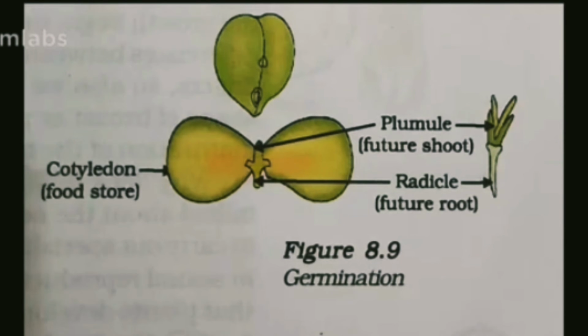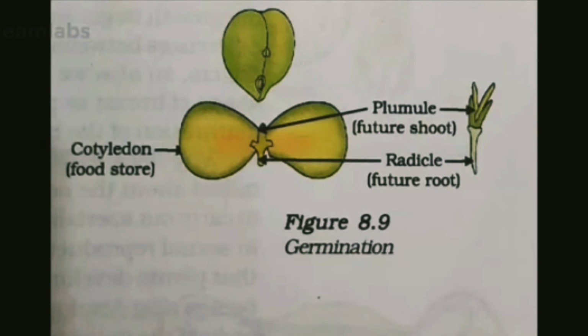Tamarind seed, when you just throw it on the soil and when water is provided, it germinates within a couple of days. The cotyledons in the dicots remain above the soil.